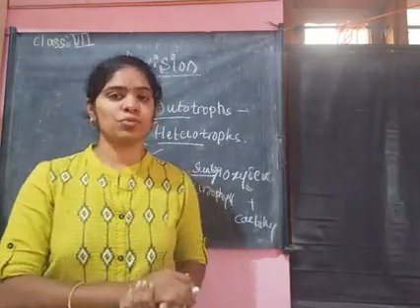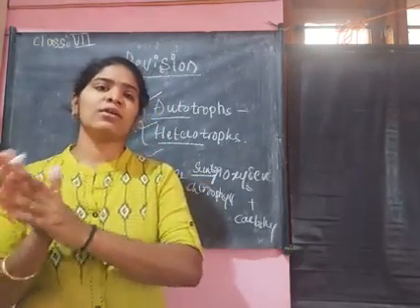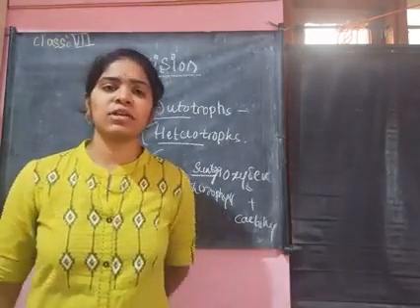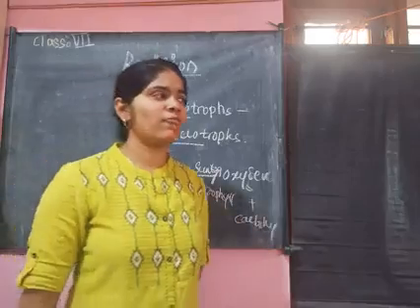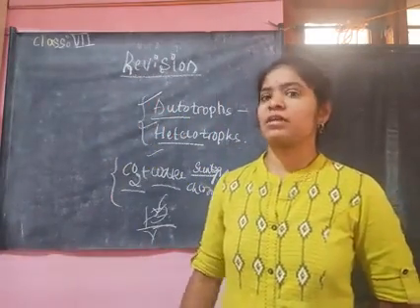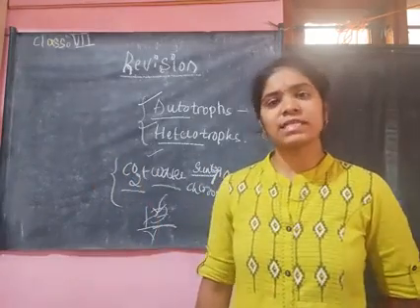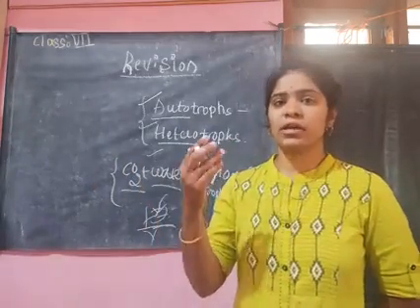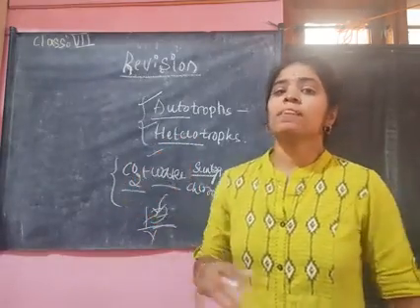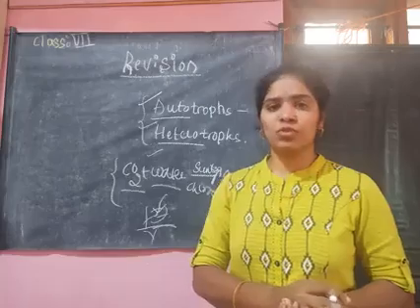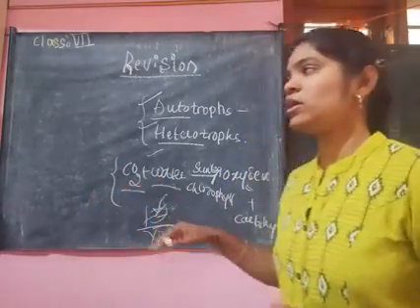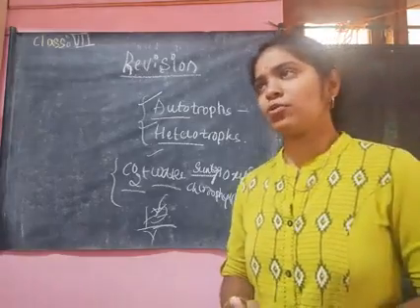So the example for a host is big trees, and the example for a parasite is the Cuscuta plant, which is a yellow cylinder-like structure with curls in it, and it depends upon big trees for its nutrition. Such plants are called parasite plants. So this is all about parasites, hosts and saprotrophs.